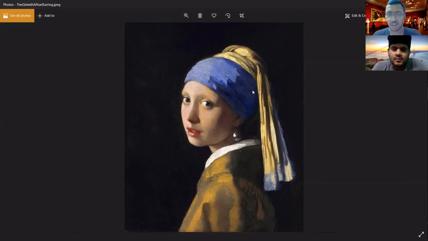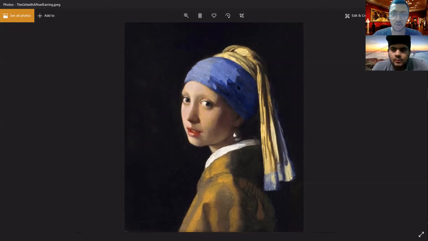After seeing this painting, a book was also written based on how this painting would have been drawn, and then that book became a movie in which Scarlett Johansson plays this lady. I think it's by the same name, The Girl with the Pearl Earring.